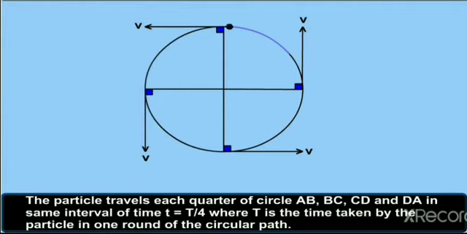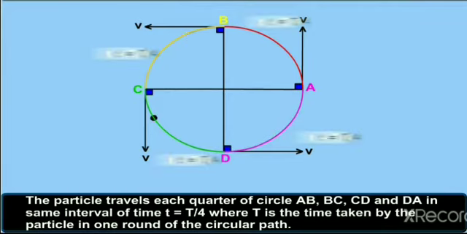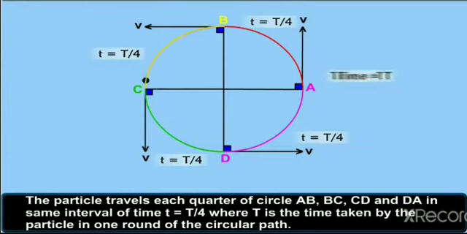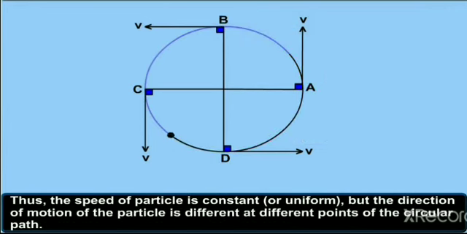The particle travels each quarter of the circle AB, BC, CD, and DA in the same interval of time t equal to T upon 4, where T is the time taken by the particle in one round of the circular path. Thus, the speed of the particle is constant or uniform, but the direction of motion of the particle is different at different points of the circular path.